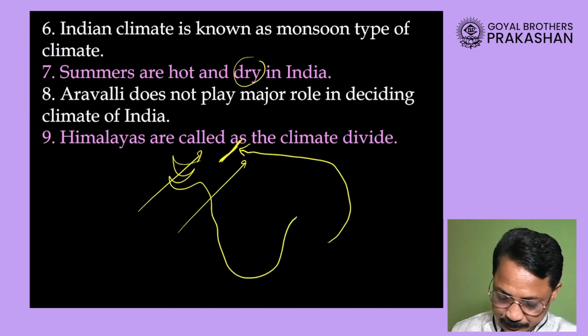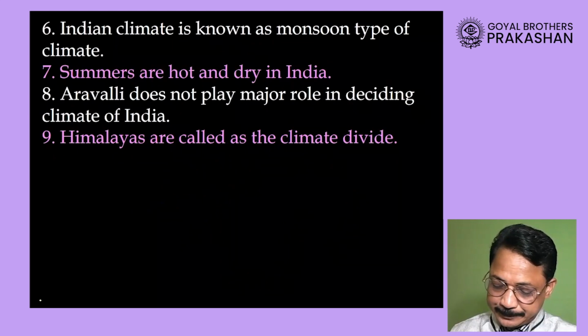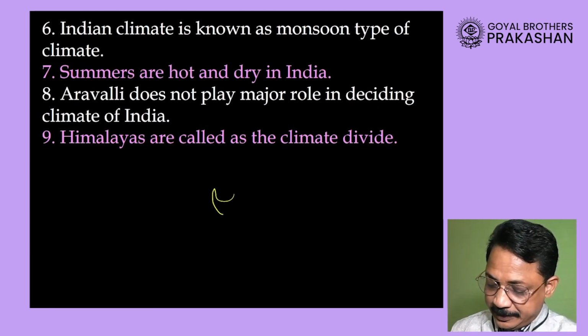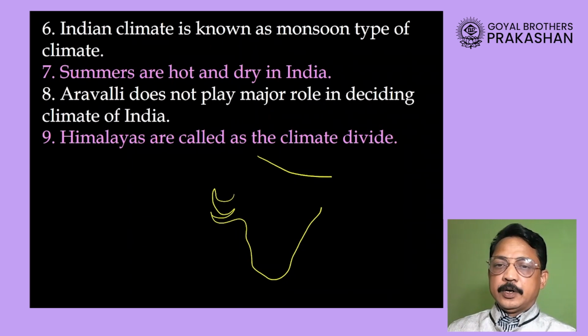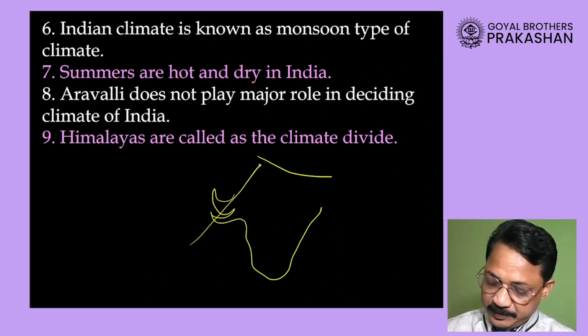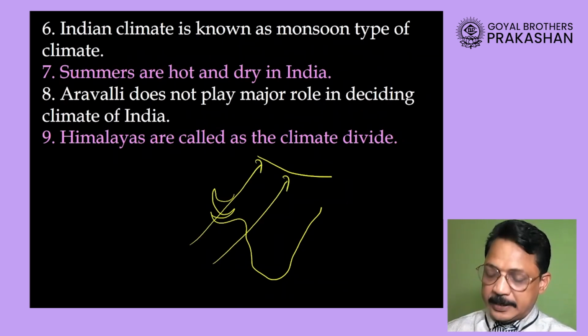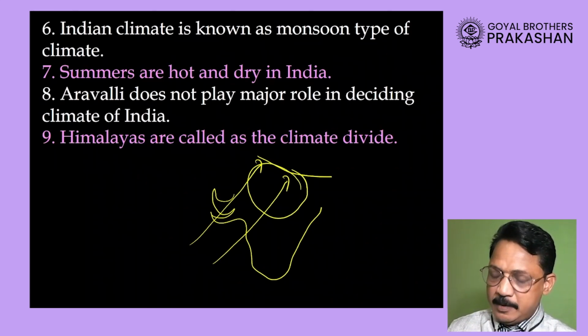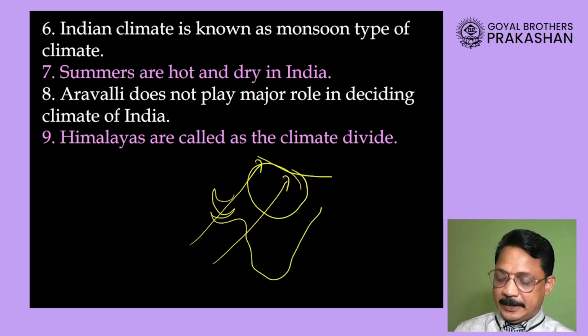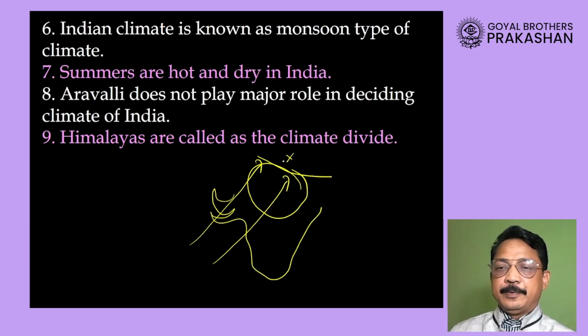Now students, the next question here is why the Himalayas are called a climate divide. The answer is that the Himalayas are able to block the southwest monsoon winds, and this is how they cause maximum rain in India and drought conditions in the northern part of the Himalayas, that is in Tibet.